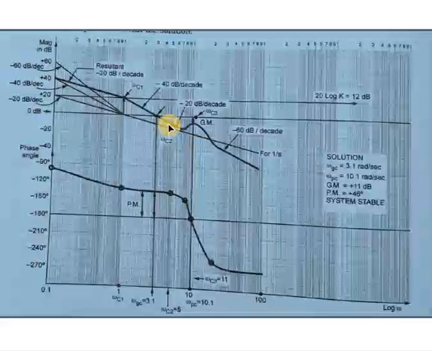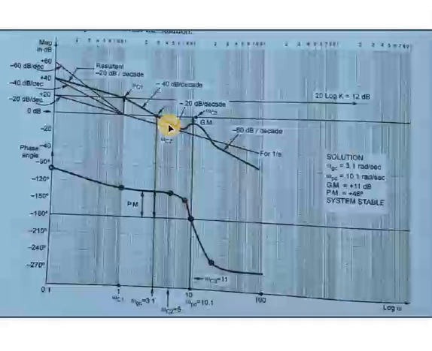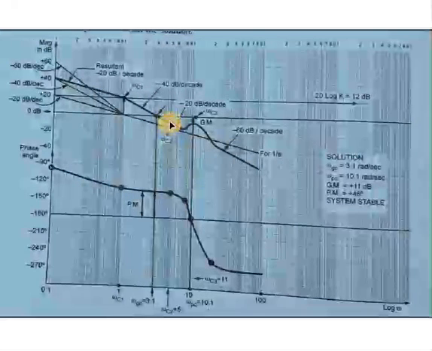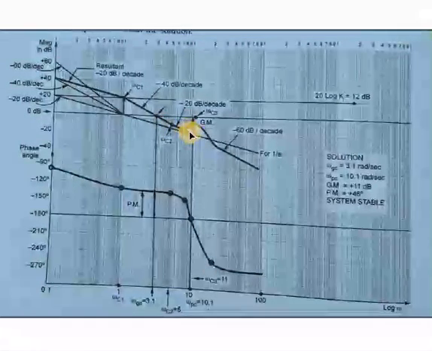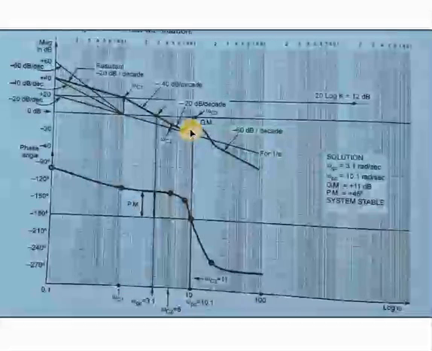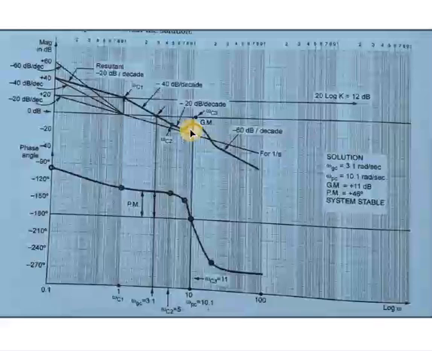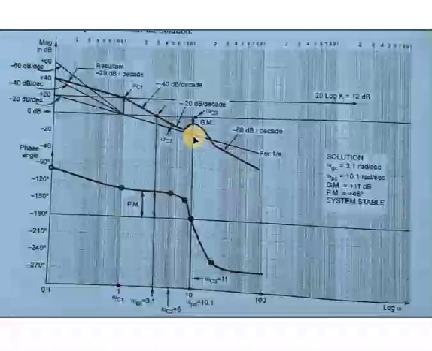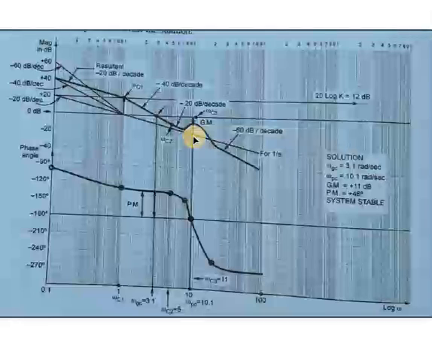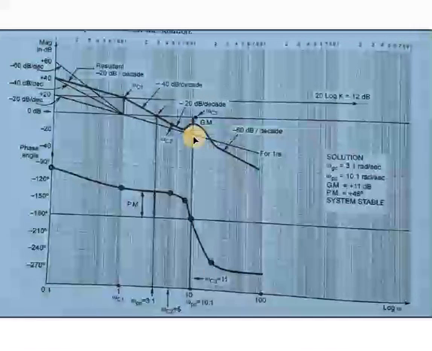Then from the second break frequency to the third break frequency, from 5 to 10, it will be with the slope of minus 20. After that third break frequency, that is after 11 as the break frequency, it will be with minus 60 as the slope.